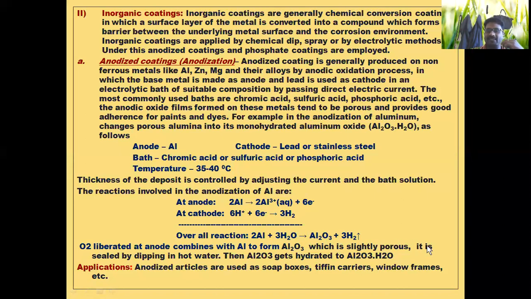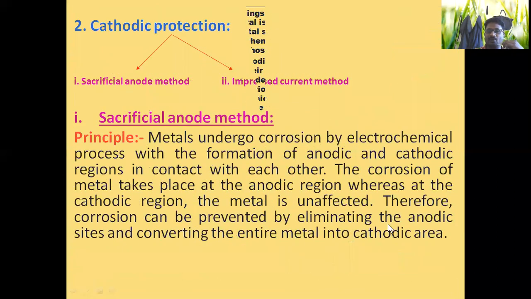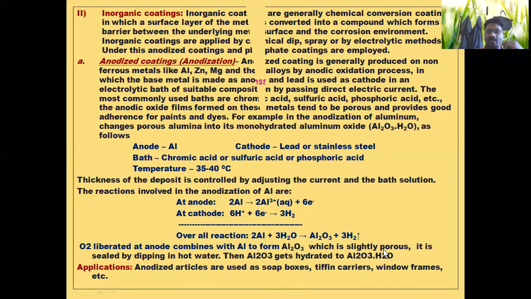That is why it is sealed by dipping in hot water. When you seal it by dipping in hot water, Al2O3 gets converted into monohydrated aluminum oxide.